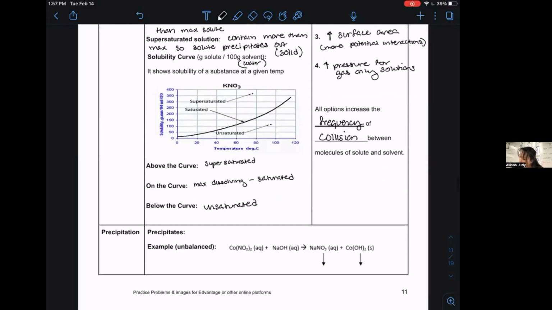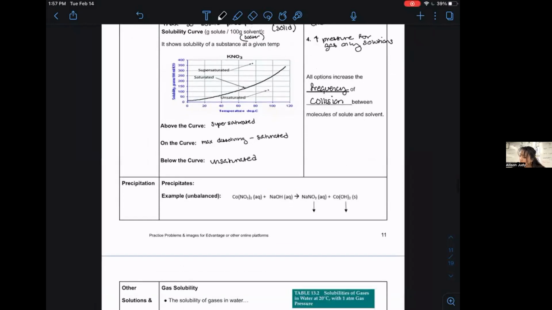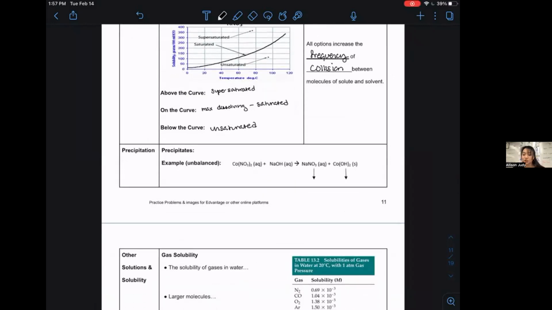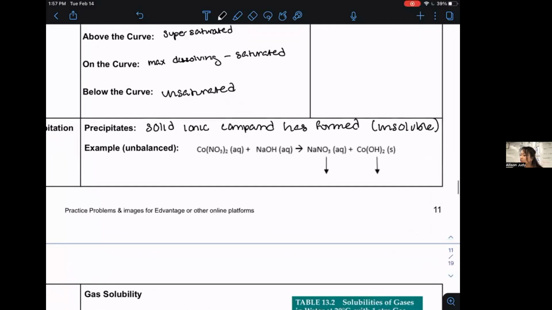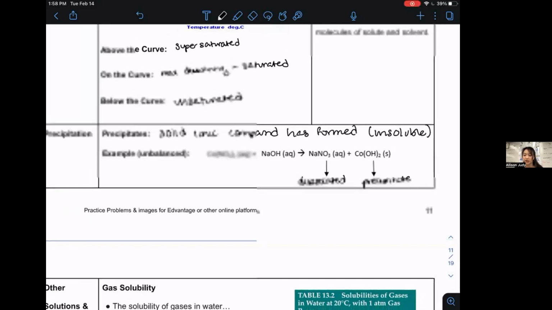So, precipitate is just a fancy way of saying that a solid ionic compound has formed that's insoluble. That's just a fancy way of saying it. So oftentimes in equations, we label it with state of matter, parentheses S, as the precipitate, and this is the dissociated, aqueous. That's all I wanted to point out really quickly if it wasn't already clear enough.